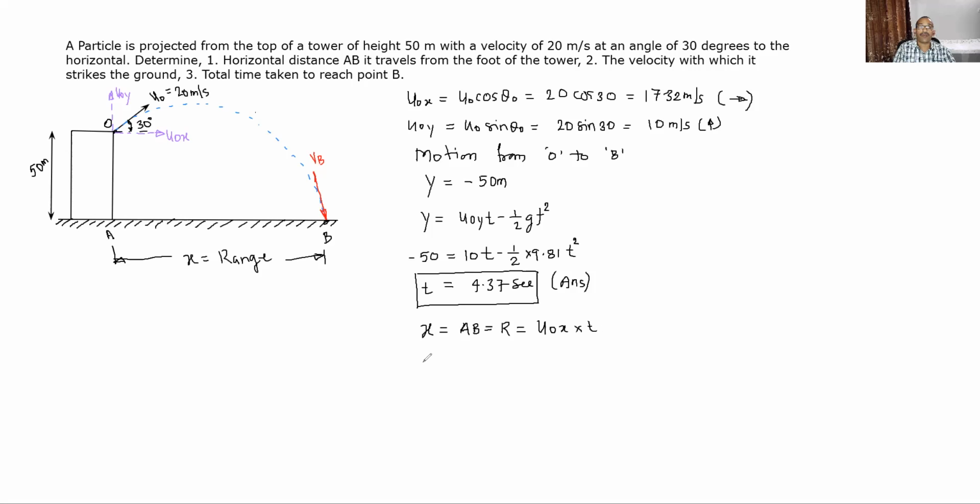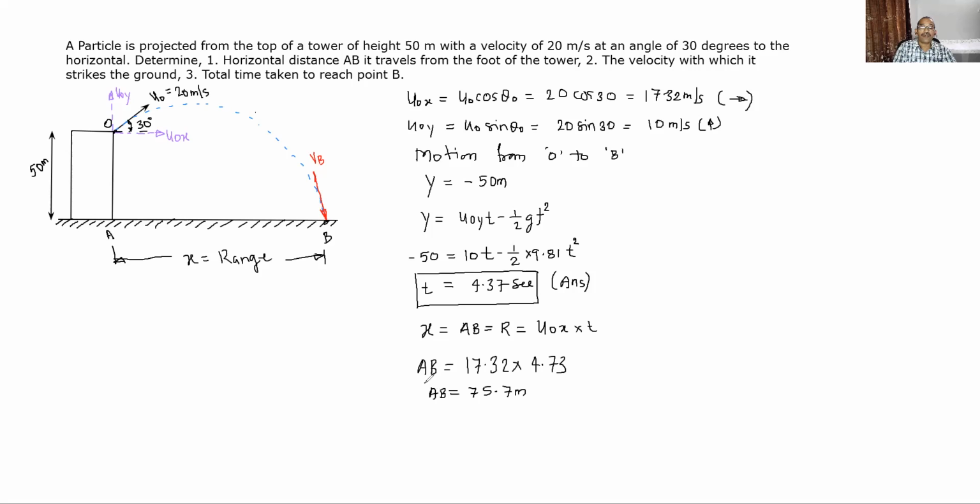Here x is AB. u0x is 17.32, and time is 4.37 seconds. Therefore, using a calculator, AB comes out to be 75.7 meters.